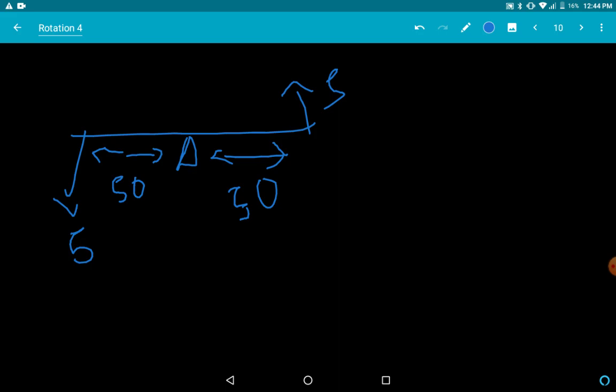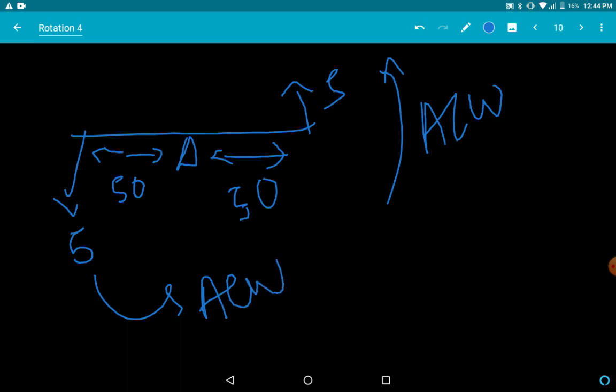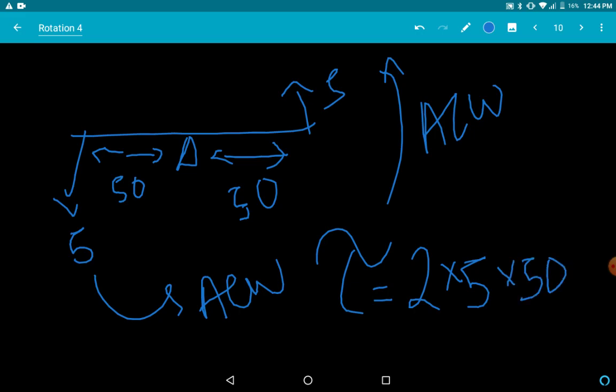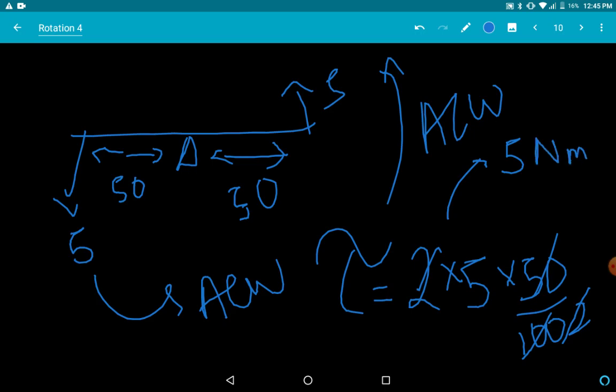This force's motion is anti-clockwise, and this force's motion is also anti-clockwise. So the net will be 2 into 5 into 50 by 100, so the answer will be 5 Newton meter. Write it neatly in your exam.